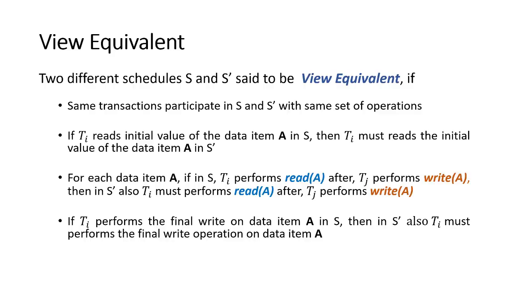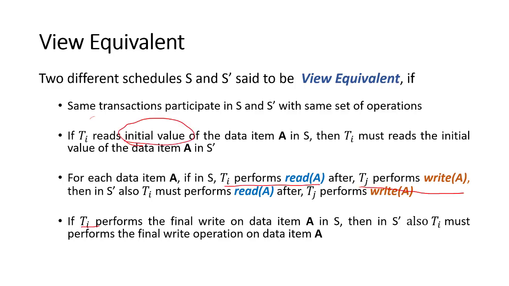The third point is that for a data item A, if in S Ti performs the read operation of A after Tj performs a write operation on A, then in S bar also Ti must perform the read operation of A after Tj performs the write operation of A. The fourth point says that if Ti performs the final write operation on data item A in S, then in S bar also Ti must perform the final write operation on data item A.